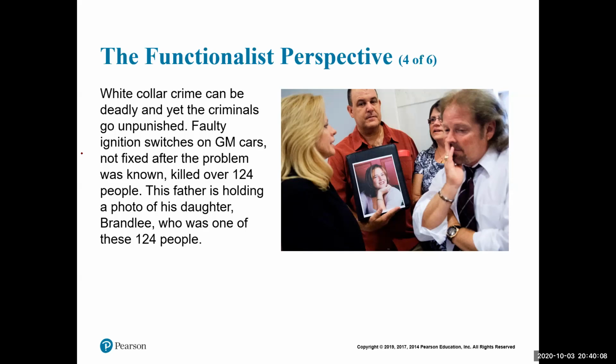We know it could occur. We know it's going to go unpunished, but how do we make sure this doesn't go too far and beyond the means? GM cars' faulty ignition switches was just one aspect. Firestone had issues with their tires at one point in time. It occurs all the time, right? So the alignment of opportunity is the opportunities for crime that are woven within the texture of life.